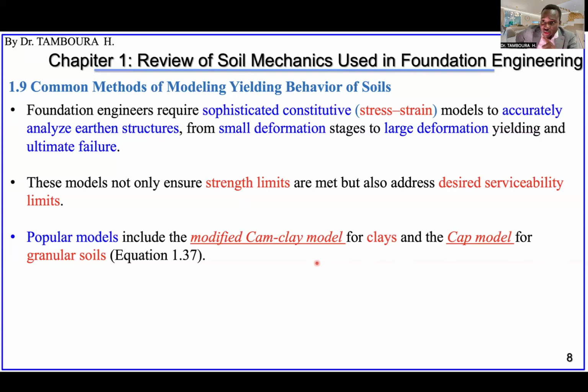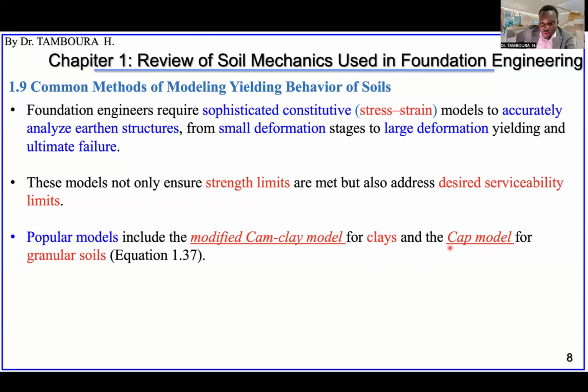If you have any modeling software, you can check the different models that your software is offering. But it doesn't matter which model you are using, it will always be about the relationship between stress and strain. Or to make it very simple, the relationship between force and deformation, because the force will result in stress, and the deformation will result in strain. So the stress strain relationship of the soil.